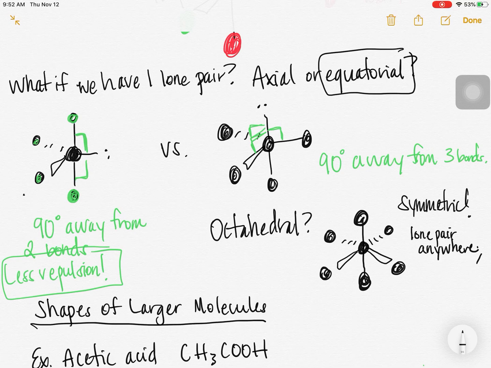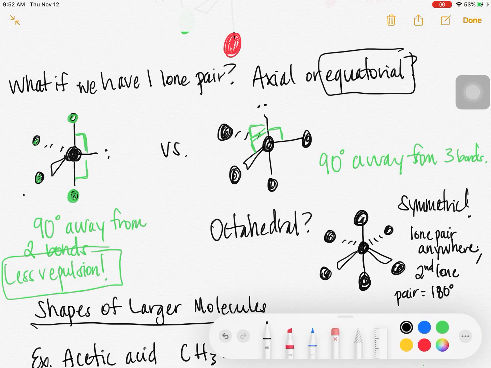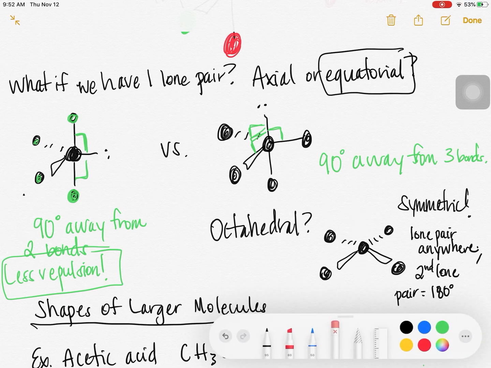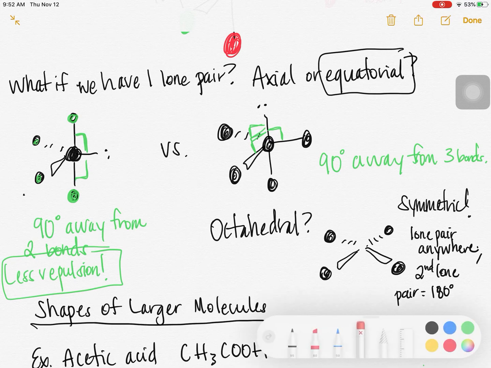It's only the second lone pair which is going to be placed 180 degrees away from the first one. So that's why you learn that in an octahedral, normally it's the bottom one.